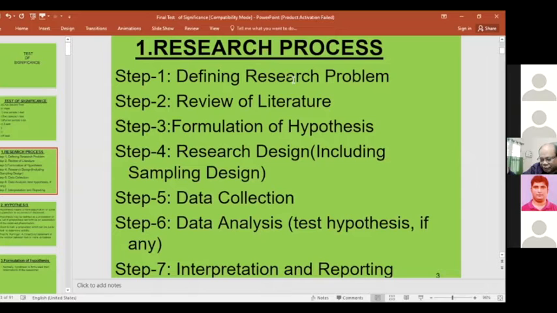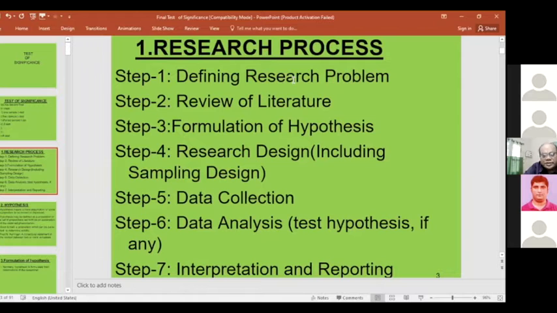Are you going to study the socio-economic condition? That is a variable. Then your title will indicate the population of study. Your title will also indicate whether yours is going to be an experimental study or a survey study or what type of study. So three things you should keep in mind: your title should indicate the variable to be analyzed, the population to be studied, and the type of research to be followed.